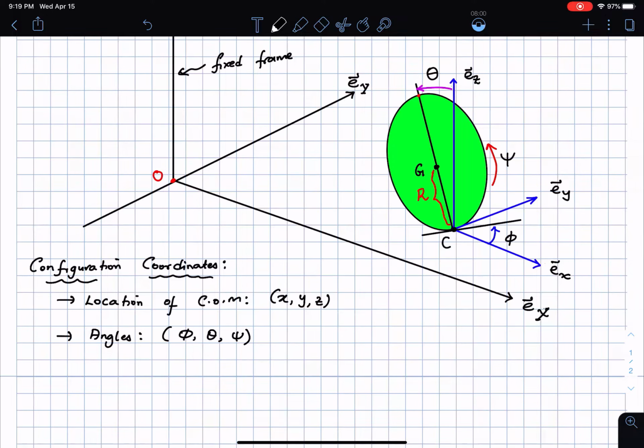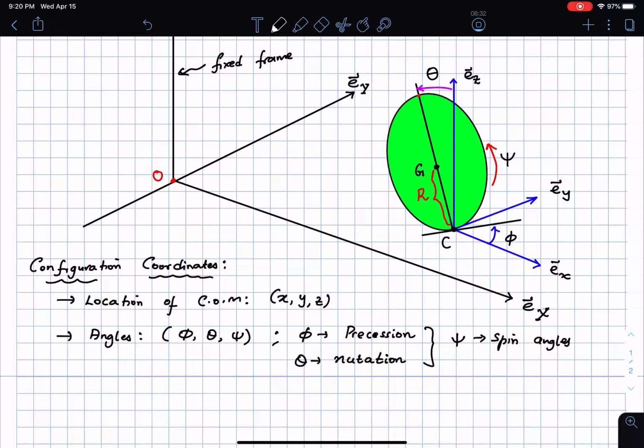Phi was defined as the precession angle, theta was called the nutation, and psi was the spin angle. These are the angles that we discussed in the last class. So we have 6 configuration coordinates, and the idea is how do we come up with the constraint equations and so on, and that is what we're going to build upon today.